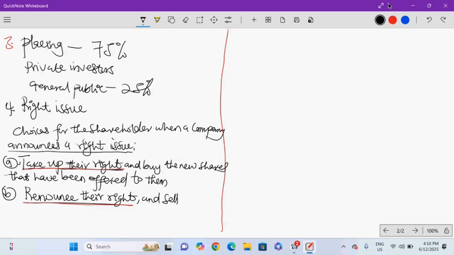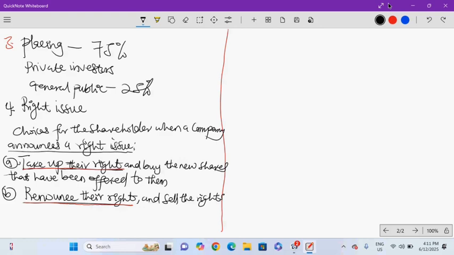So they can renounce their right and sell the right in the market. Here, the first one is take up their right, because they have the right to buy additional shares at a lesser price.